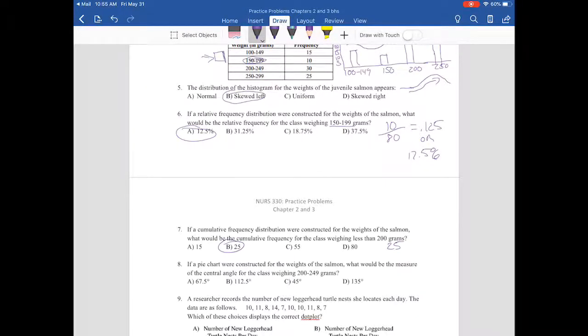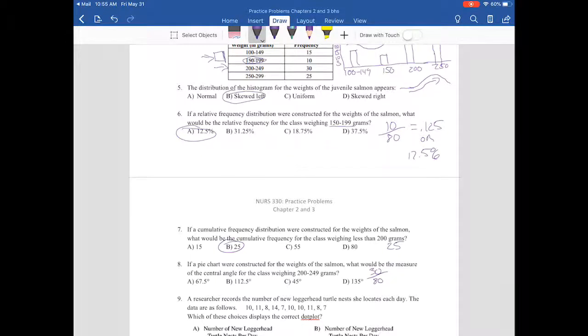And then number 8, I really like number 8 a lot because it takes a lot more critical thinking to solve it. We want to know the measure of the central angle of the class weights from 200 to 249 grams. So we're looking right here. So that's 30. If we take 30 over 80, we get what percent that is.